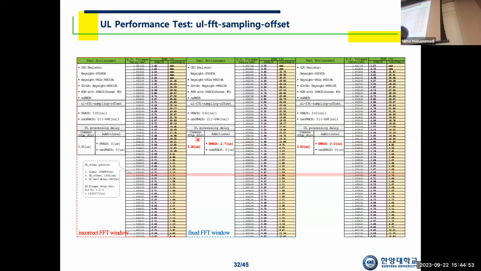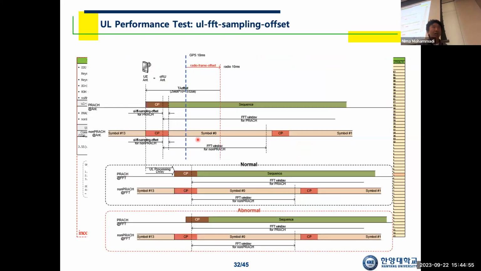The starting point is somewhere in between the CP. It should be long enough, longer than the channel dispersion, but not too much longer than the CP period.